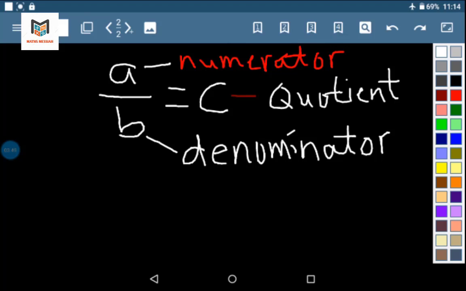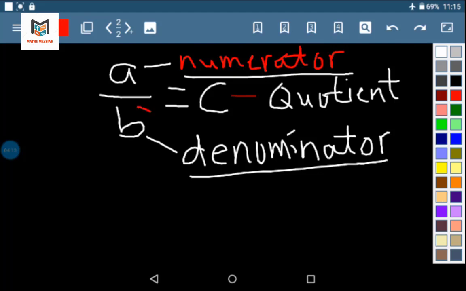So in defining factors of numbers, we say that when a denominator divides a numerator exactly without a remainder, then we can say that the denominator, which is B, is a factor of A. I'll take it again.